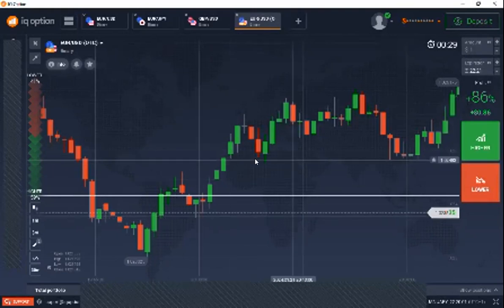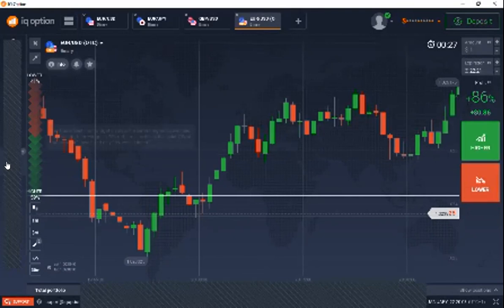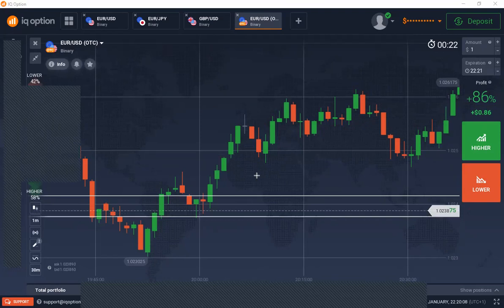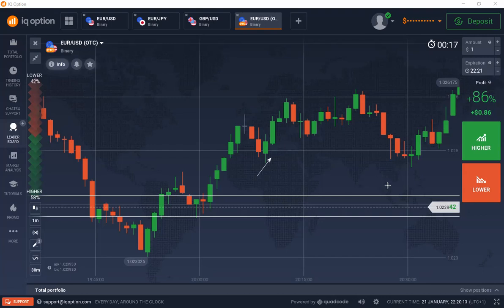Also, you see some level around this area. It's also called the inducement, okay? We have some inducement around this area. So what are we going to do now? We have identified the inducement here.